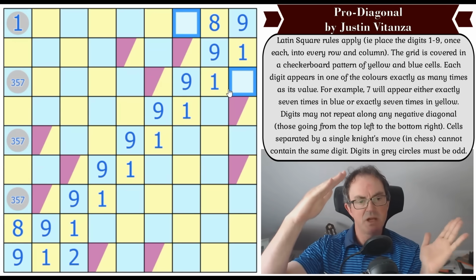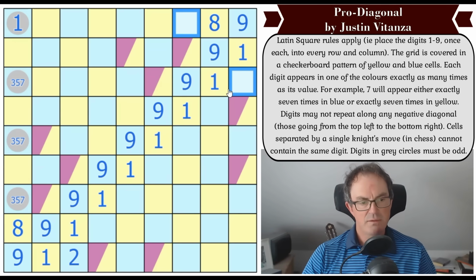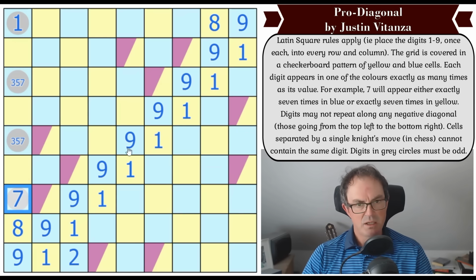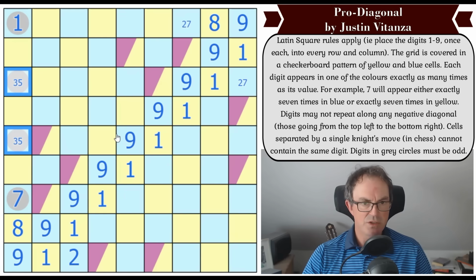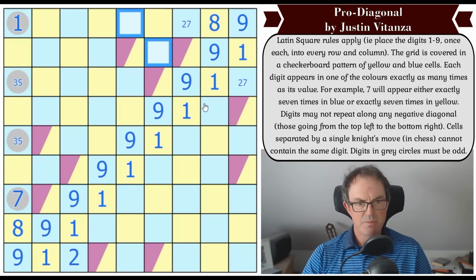And there's only 7 diagonals to use in blue, so we must put a 7 here, and this must be a 2-7 pair on the other side, and every blue diagonal that's left has to contain a 2 and a 7. So there has to be 2 and 7 along there, and it might be this one.